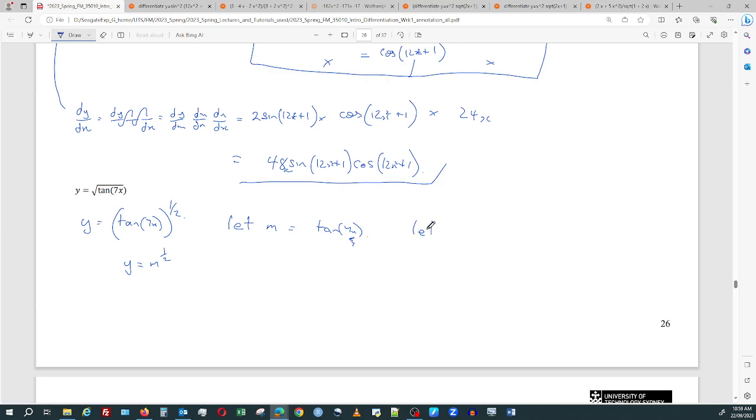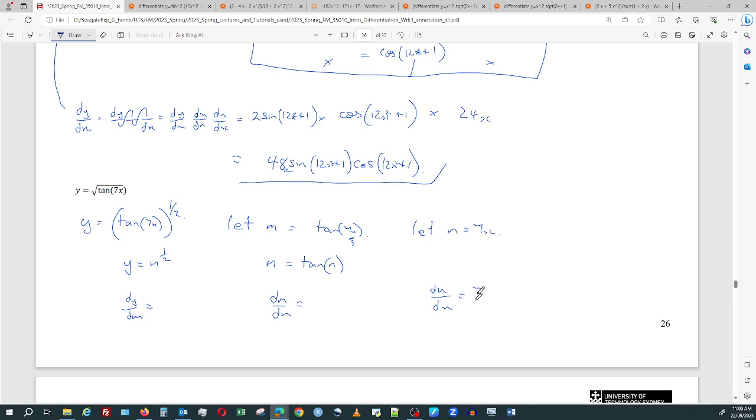So we have to let n equal 7x. So now n is 7x, so m is the tan of n. So far so good. So dy dm, dm dn, and dn dx. So they'll all chain together to give us our final result.